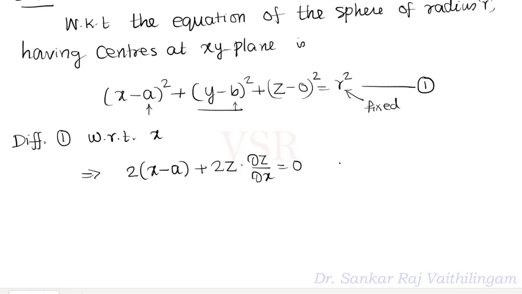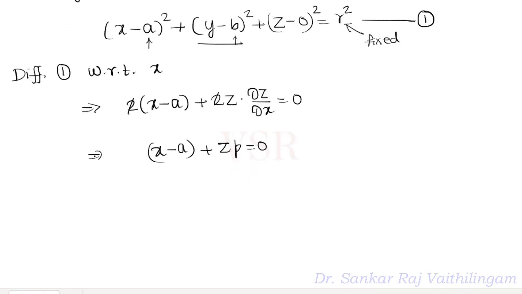r differentiate பண்ணும்போது 0. அப்போ இந்த 2 full cancel பண்ணிக்கலாம். அப்போ this implies that x minus a plus z times p which is equal to 0. இப்போ இதே மாதிரி differentiate 1 with respect to y.